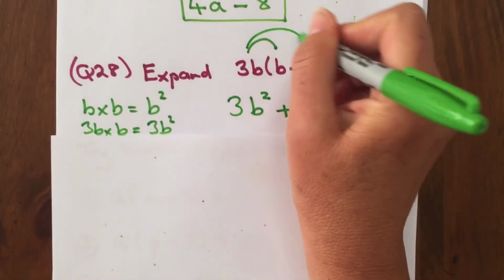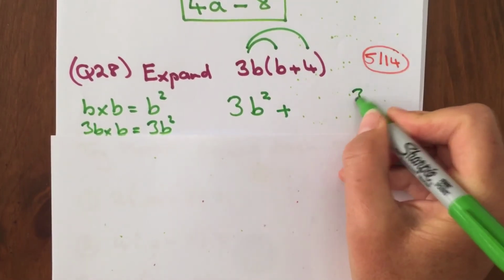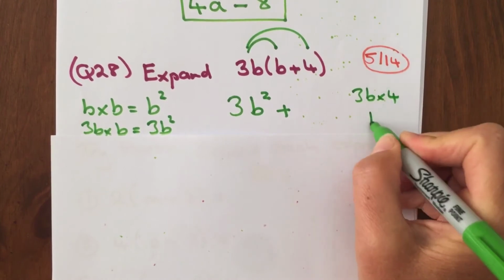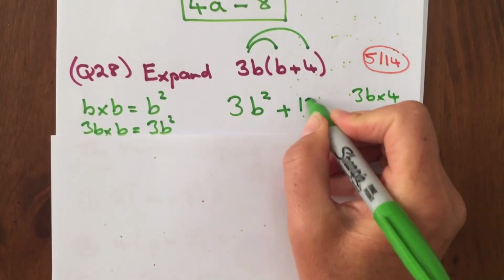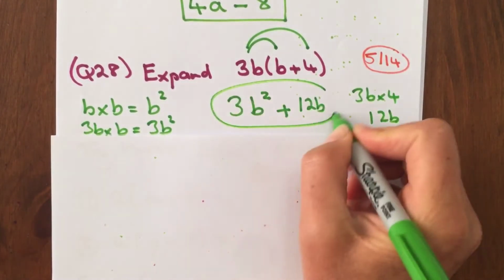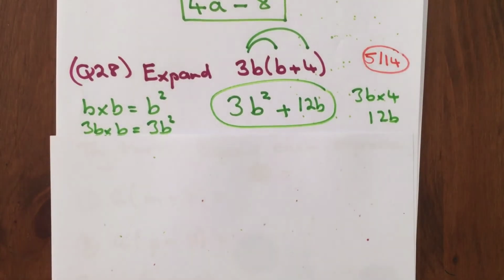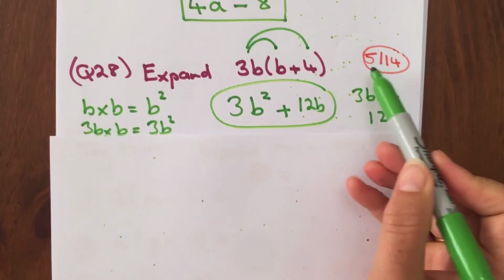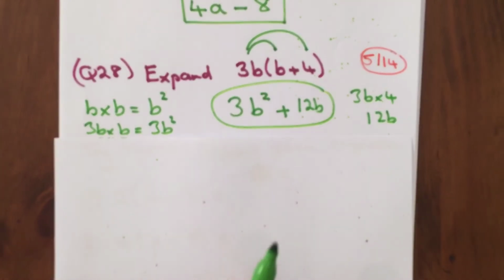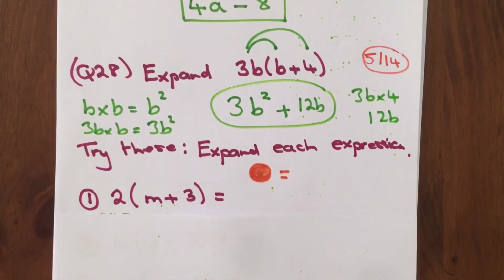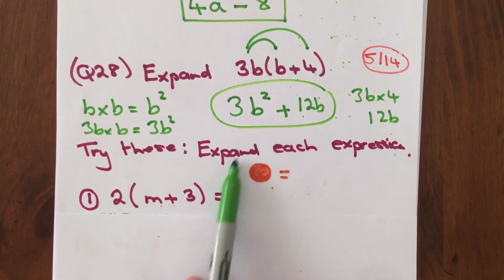Plus 3b times 4. 3b times 4 is 12b. I cannot put these together. They are unlike terms. Well done to the 5 who got that right. Hopefully you understand it now. Okay, look at the shape, look at the colour.